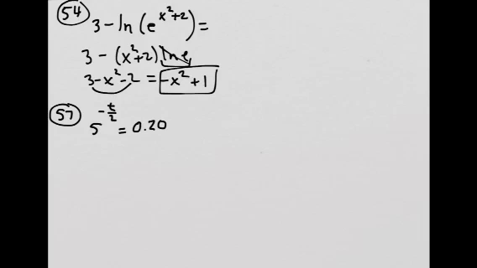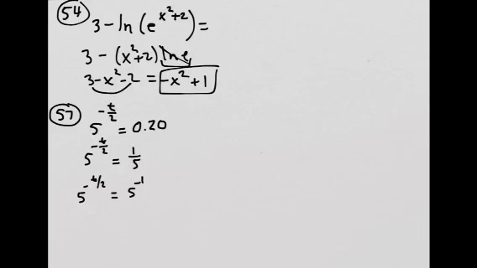Okay, 57, I could go straight with using the logs and all that, but notice how 0.2 could be written as a fraction, 2 over 10, which is 1 over 5. So 0.2 is 1/5. So I'm going to say 5 to the negative t over 2 equals 1/5. But seeing that the left side has a base of 5, I'm going to say 5 to the negative t over 2 equals 5 to the negative 1.